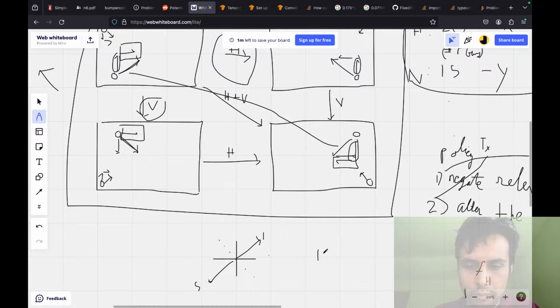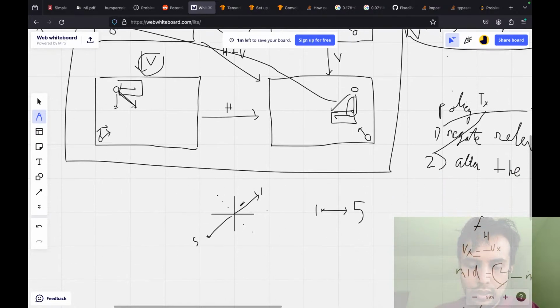So 1 maps to 5, right? 1 maps to 5. And then where does 0 map to? You negate both. So 0, if you negate the y's, there's nothing to negate. So this one here would map to what? Wait, no, maybe this dotted line is wrong. So 0 goes to here, right?